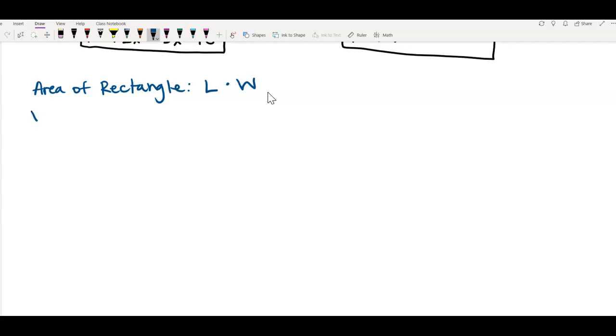If you're asked to find the volume of a cube, you're doing the length times the width times the height, because now it has 3 dimensions to it. So you're multiplying when you're finding area, and you're multiplying when you're finding volume.